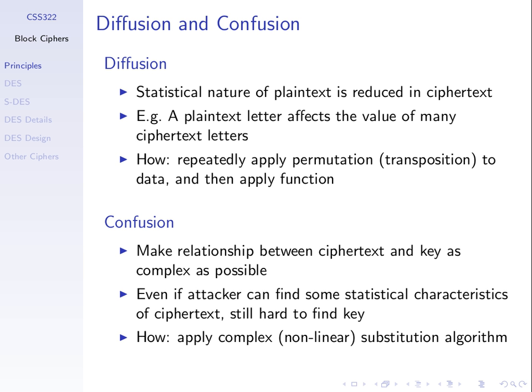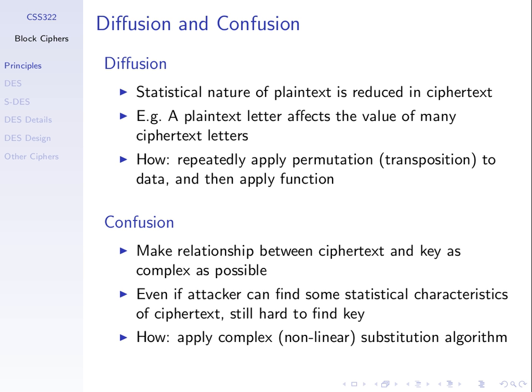Here we want to also make it hard to get the key from the ciphertext. So even if there are some statistical characteristics of the ciphertext, by having the relationship between the ciphertext and key very complex, it should be hard to go backwards. You've got the ciphertext, work back and find out what the key is.